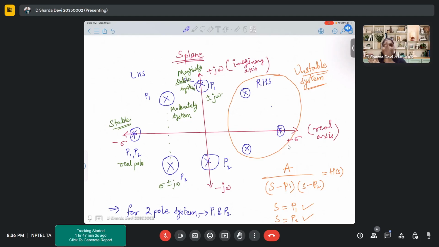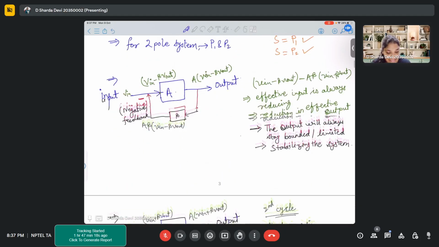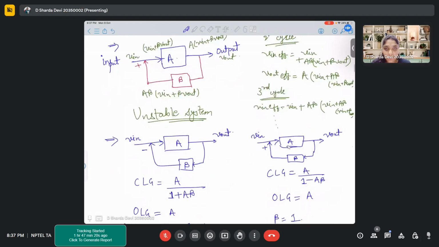So that is how they are shifting, right? The farther they go on the left hand side, the more stable they become. So that is the idea. But the moment they are on the right hand side, they become unstable. And I explained also why they are like this. We have seen this positive feedback system, no?